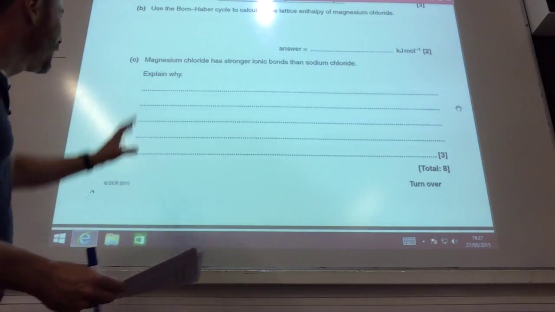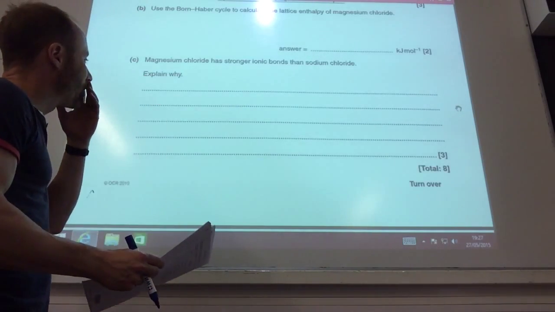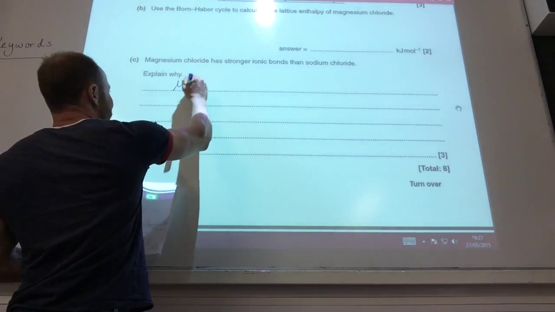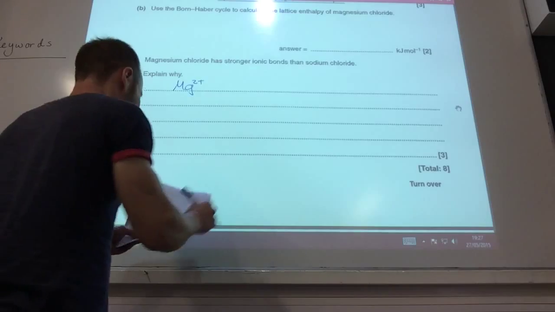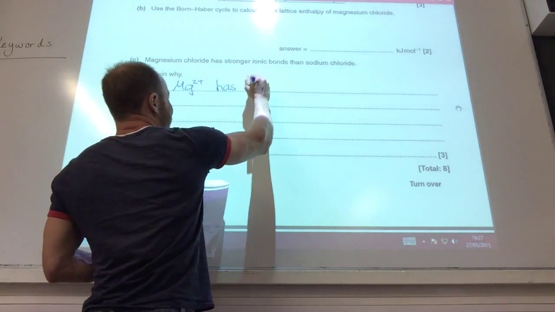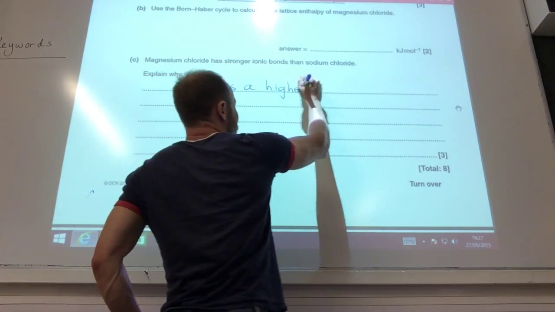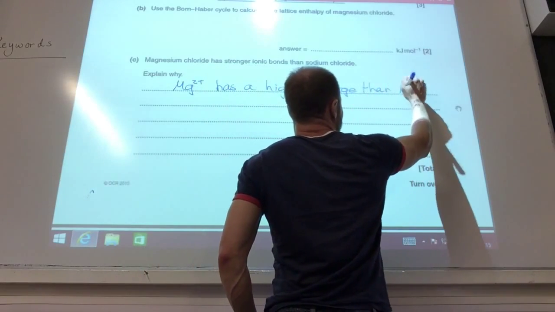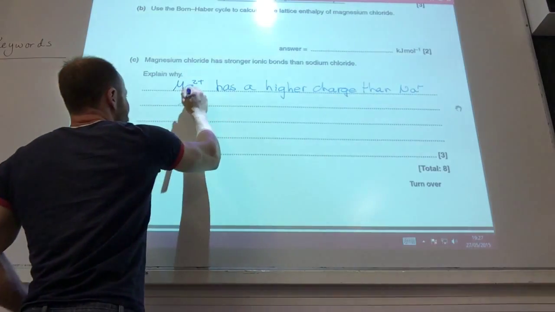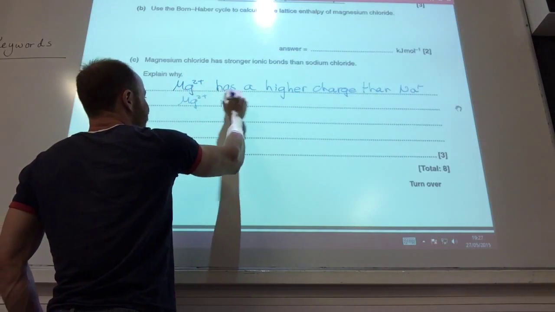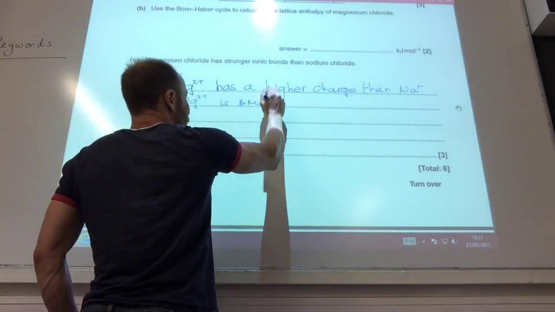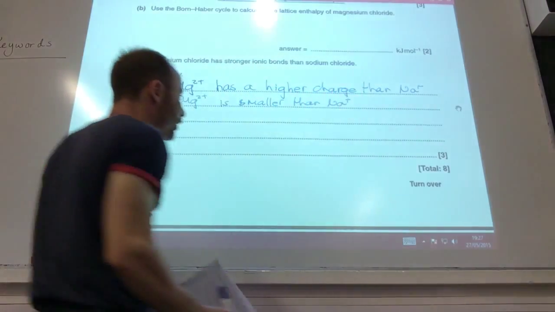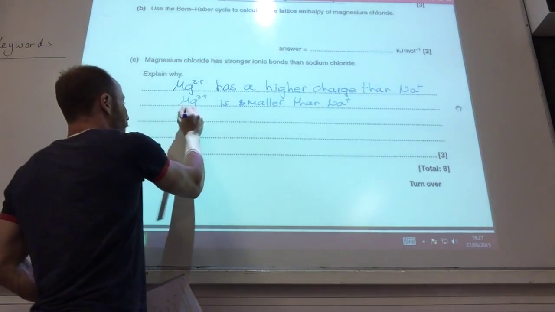Okay, next thing is magnesium chloride has stronger ionic bonds than sodium chloride. Why? So you need to talk about the ions, always talk about the ions. So Mg2 plus has a higher charge than Na plus. Also, Mg2 plus is smaller than Na plus. So you've got a double whammy.